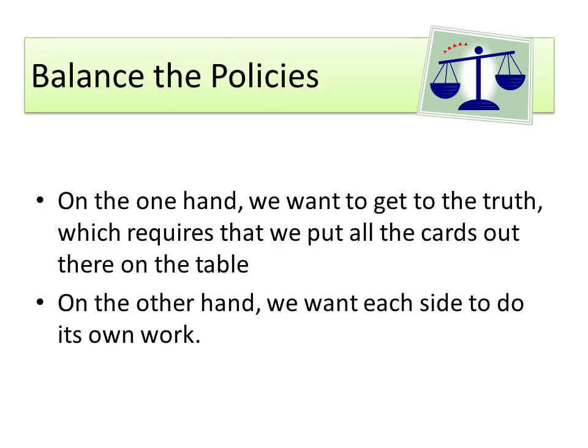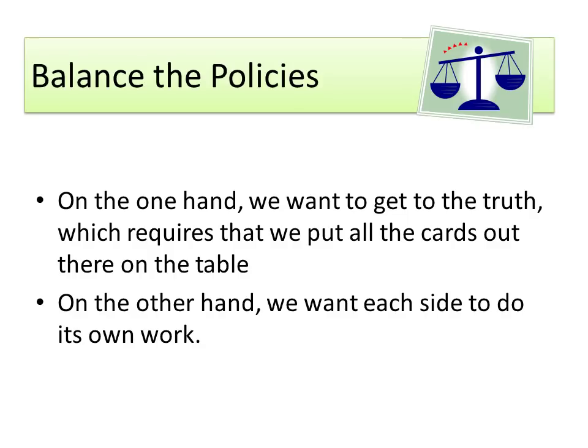On the other hand, we still are in an adversarial system and we want each side to do its own work. So you'll see as we go through the rules on discovery that they're basically a balance between these two concerns. It's particularly obvious when you look at the rules on work product, for example, which we'll talk about shortly, and on expert witnesses as well.